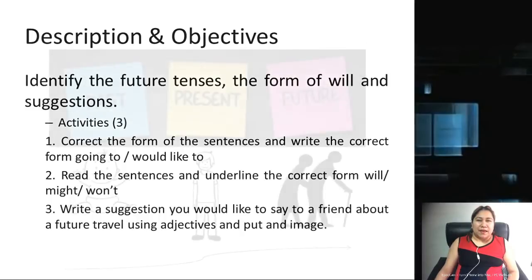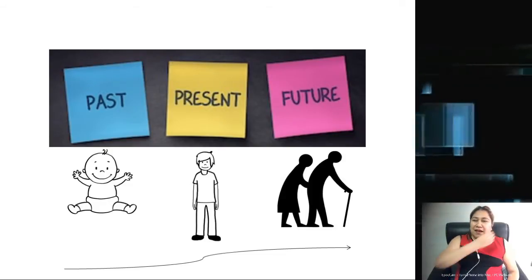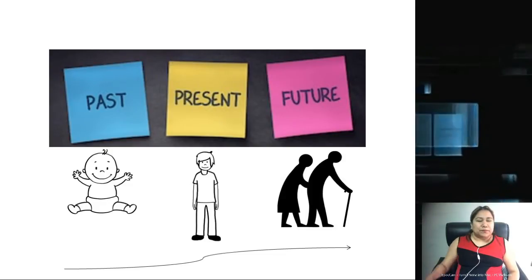Okay, in this picture, you can see a representation of the tenses. I decided to associate a baby with the past, a young man with the present, and elder people with the future.